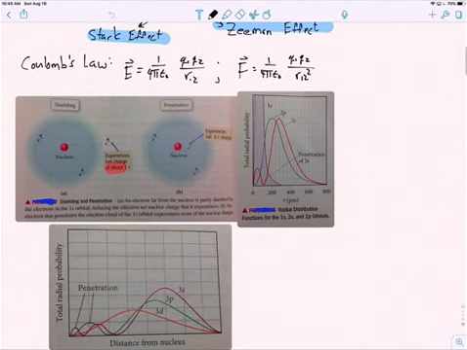And let's talk about shielding and penetration. So here is a lithium atom. You have 3 electrons, and there are 2 electrons on the inside. Lithium's outer electron is shielded by the 2 inner electrons.